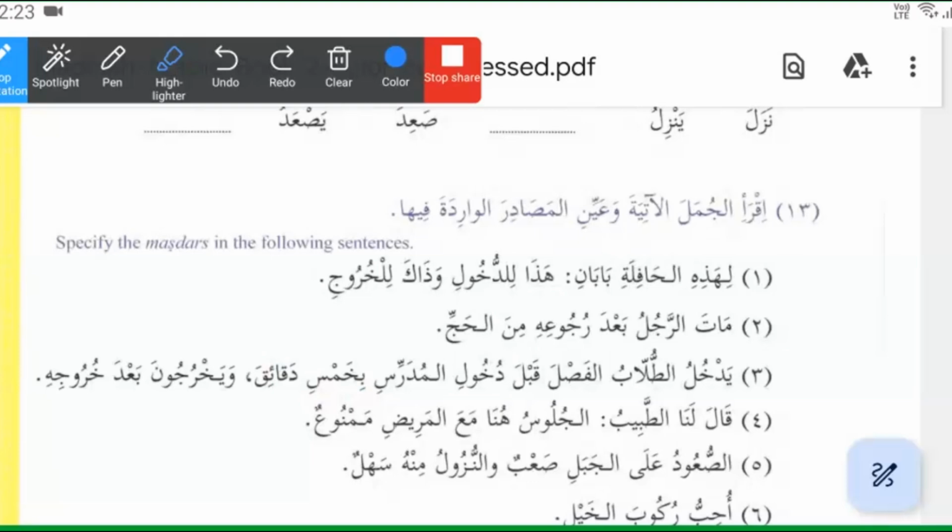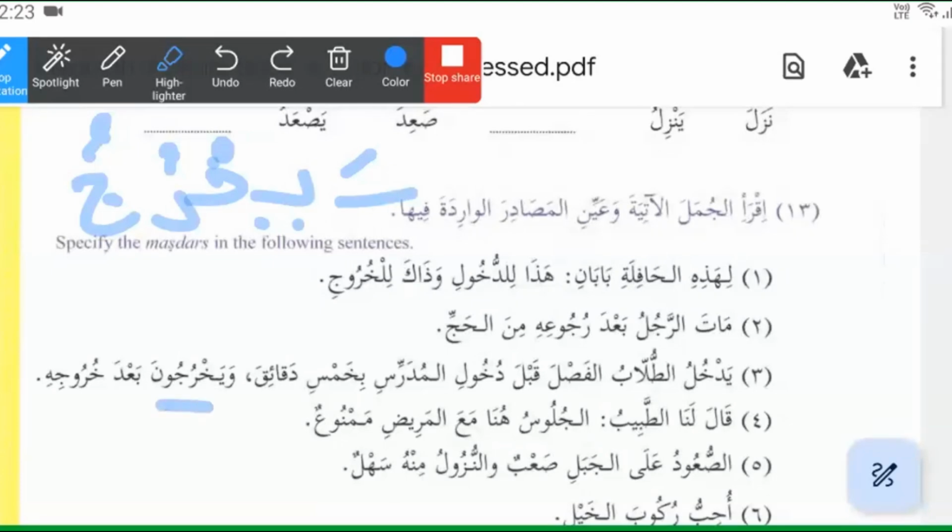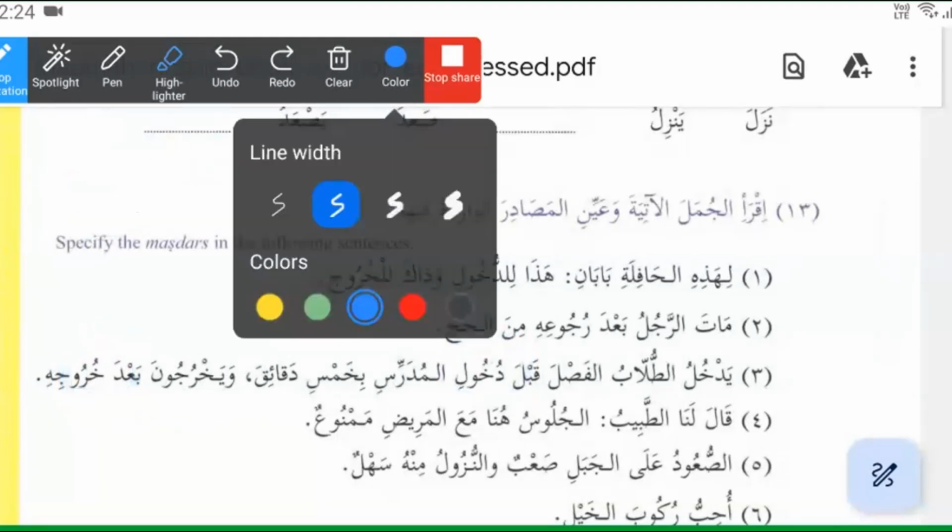Wa yakhrujuna, kharaja is past tense, yakhruju is the future tense, and this is mufrad. Yakhrujani means two persons, yakhrujuna means plural, many. That's why yakhrujuna means all the tullab. Wa yakhrujuna, they left ba'da khurujihi, that is, after the teacher left. It means the students came 5 minutes before the teacher and they left after the teacher left. So khuruj is the masdar, dukhul is the masdar in this sentence.